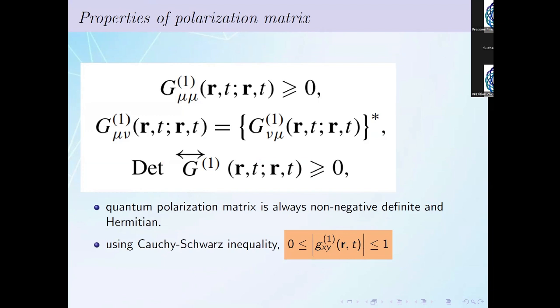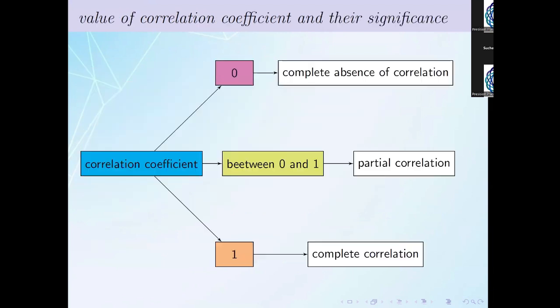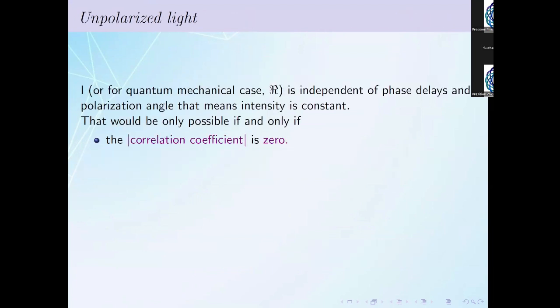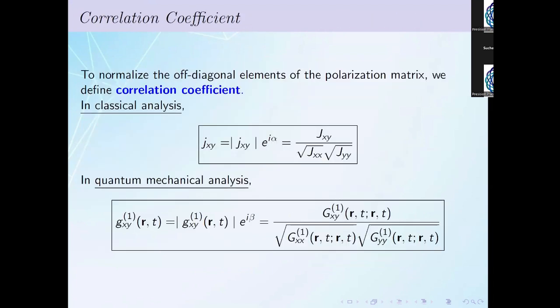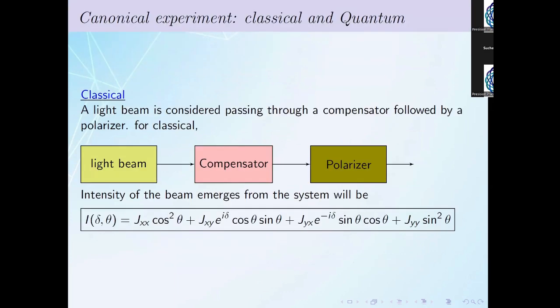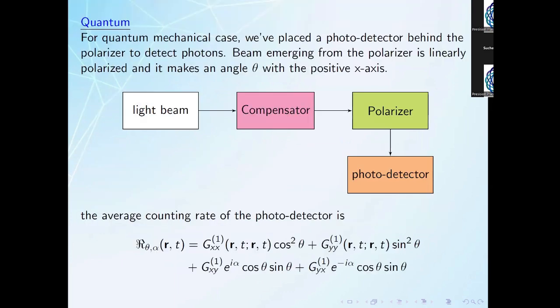The correlation coefficient is basically defined like this, and it is normalized with some phase factor, and then we get it. It comes from the average counting rate.